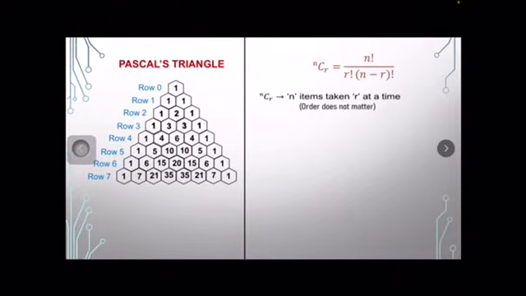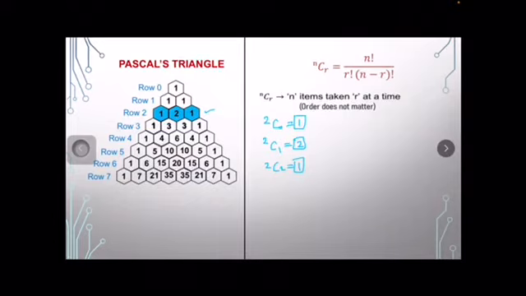We see that 2C0 is 1, 2C1 is 2, and 2C2 is 1. These values 1, 2, 1 are the values of row 2 in Pascal's triangle.